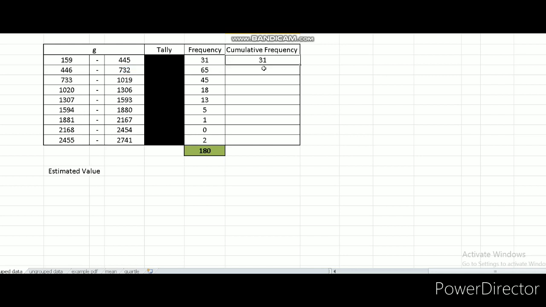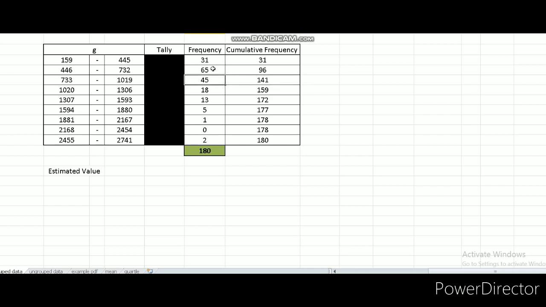So let's sum up. When we have covered all of the data from the first and second groups in a series, we will have 96 data already. I hope you get it. 96 comes from 65 numbers from the second group plus 31 numbers from the first group. After we continue to line up the numbers from the third group, which has 45 numbers, we will have a total of 141 data.